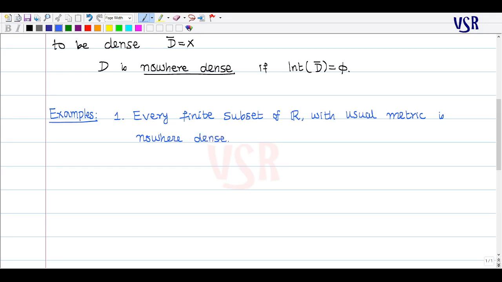At the same time, every non-empty subset of a discrete metric space is not nowhere dense.